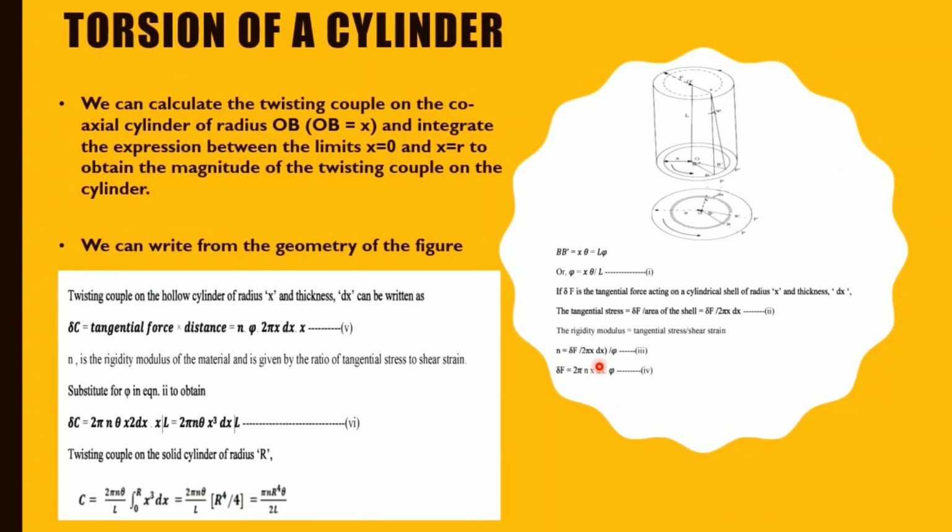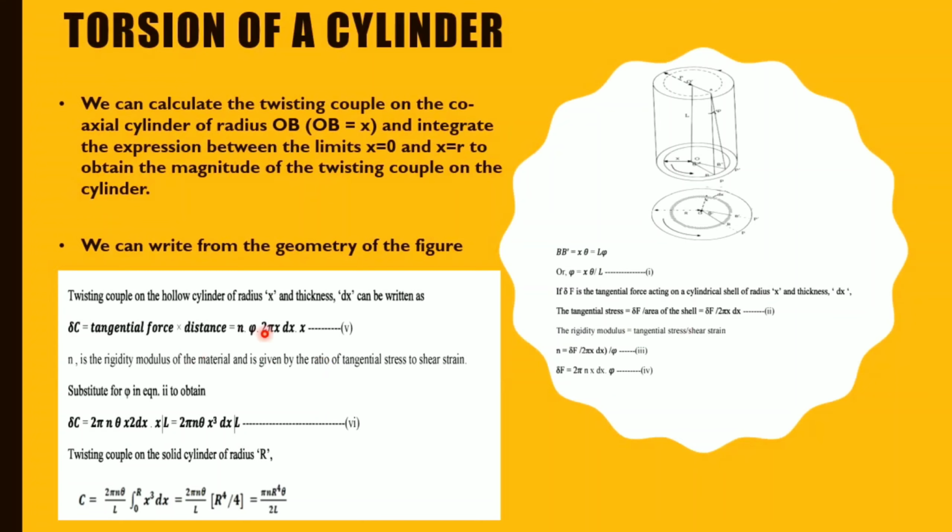The tangential force is this, so we put it here: 2 pi x N dx psi, and the distance is our x. Okay. Now this will be our equation 5, and this N is the rigidity modulus of the material, given by the ratio of tangential stress to shear strain, which we already know.